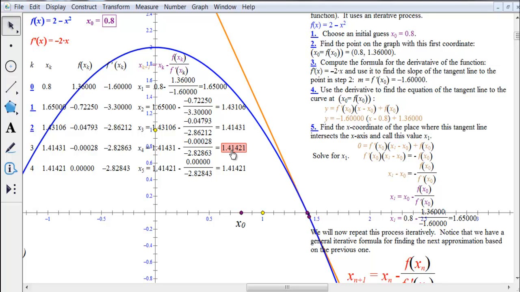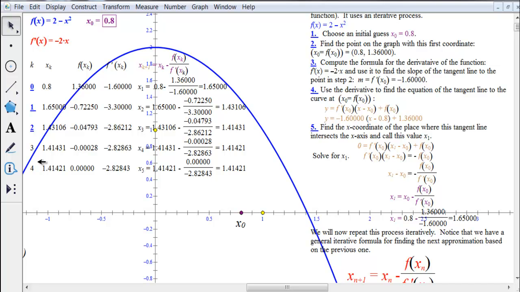Then we found x4, and there was no change from x4 to x5 up to this many digits. So at least with 6 significant digits on this particular one, we were able to reach it after 4 iterations. And that's pretty common, that it converges very quickly to the value that we want.